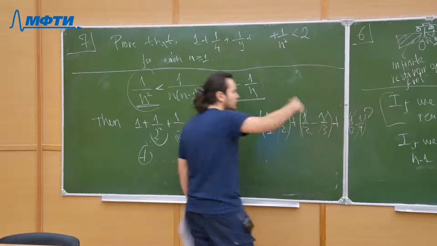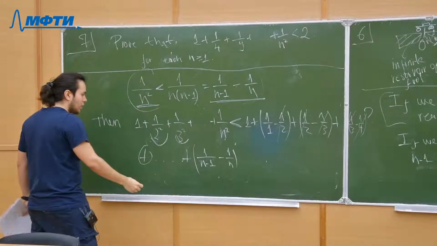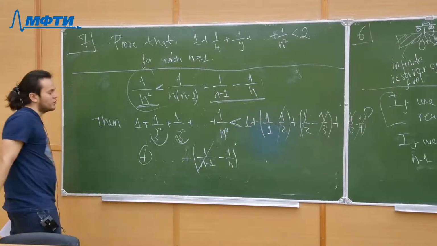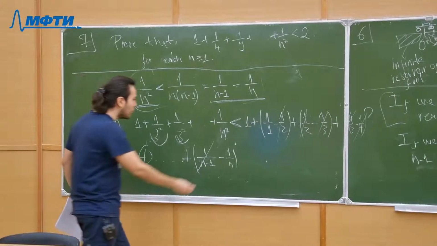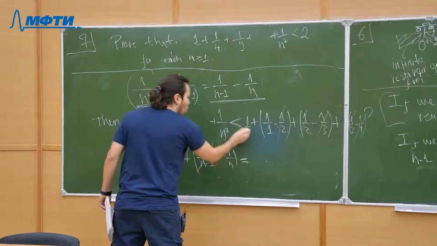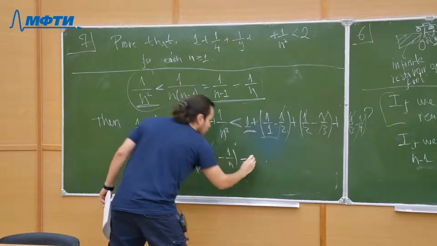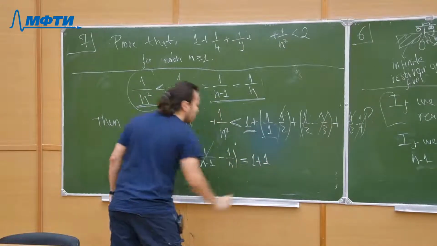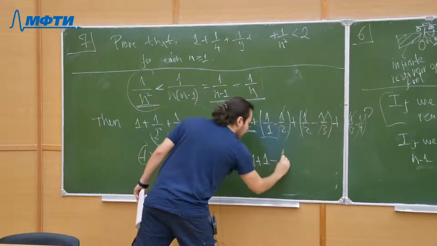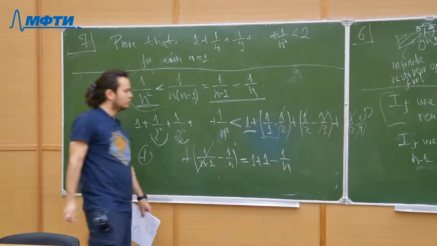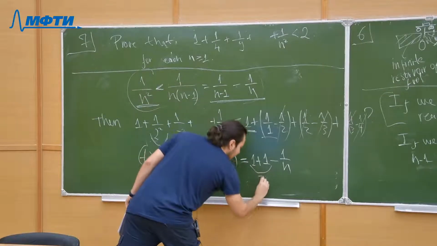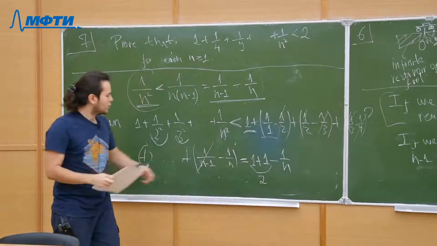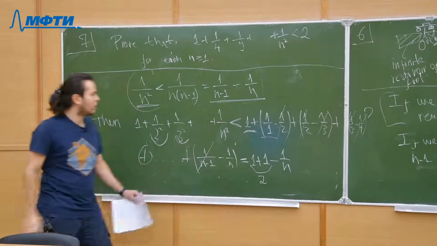And so on, we will cancel everything until the last thing. And then we obtain that this is equal to 1 plus 1 minus 1 over n, right? So 2 minus 1 over n, right?